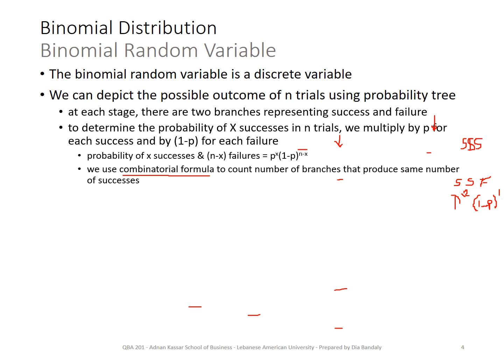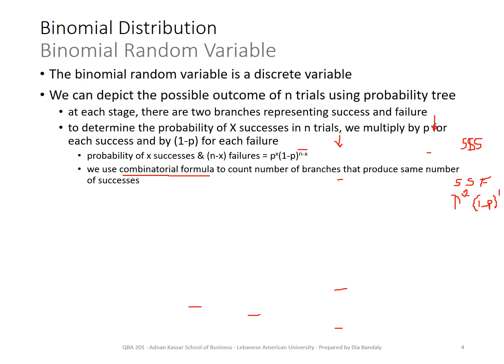Remember in the previous example, when the salesperson was calling and he would either close his sale or not, and when we wanted to list the outcomes where we have 2 sales, we had 3 of these outcomes.